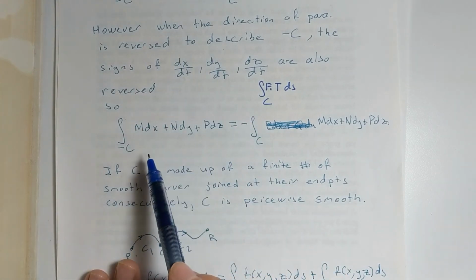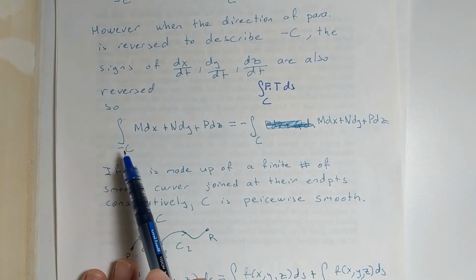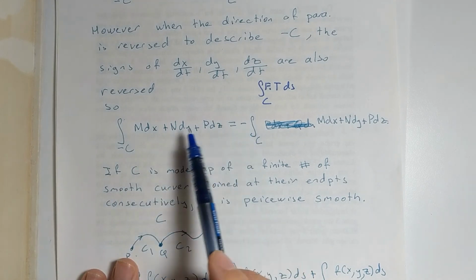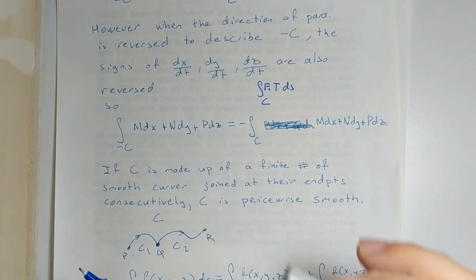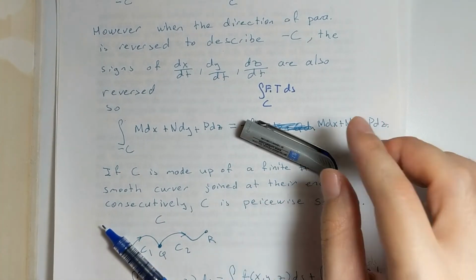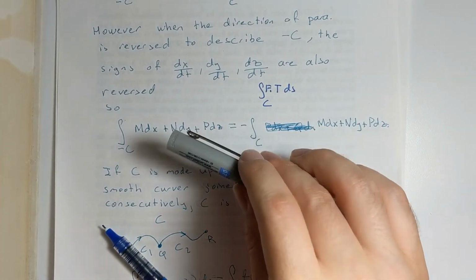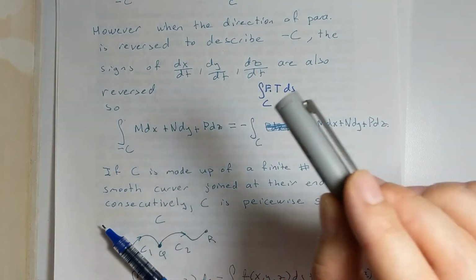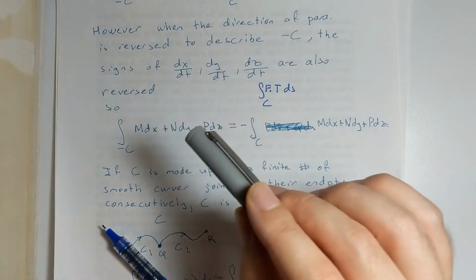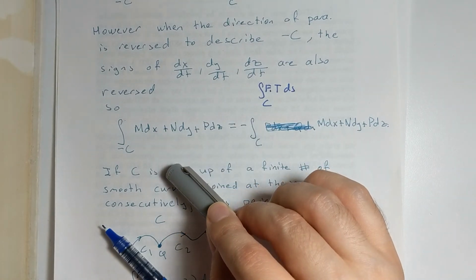Unfortunately, or fortunately in some sense, when you have a work integral, you have to slap on a minus sign, so the direction does matter. And that makes total sense. Let's talk about the energy an object gains. If I'm here and I go over here, this object gains some potential energy. If I go the opposite way, it loses potential energy.